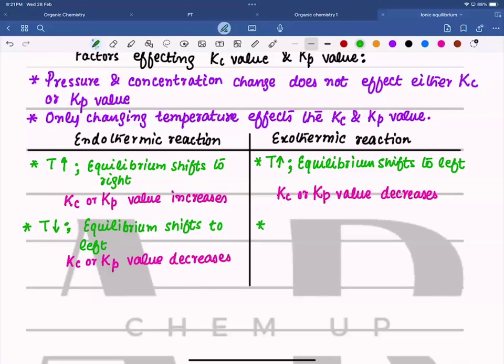If we decrease the temperature, equilibrium shifts to right because the forward reaction is exothermic.